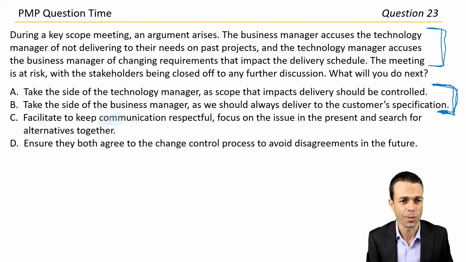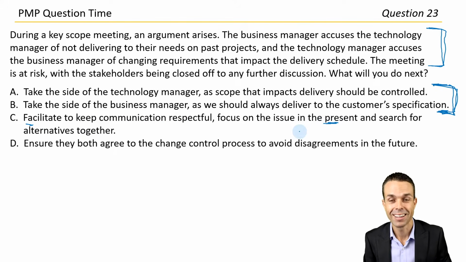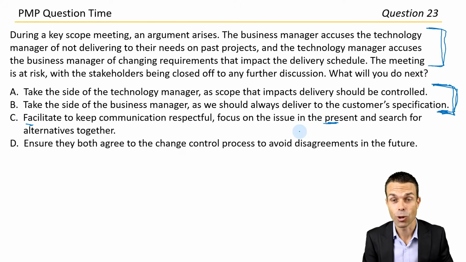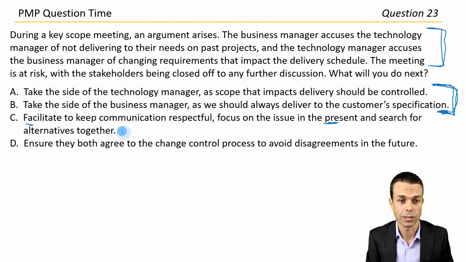So that's pretty important. Facilitate, that's a good word, to keep the communication respectful. Focus on the issue in the present. That's good, and search for alternatives together. I think that's a really good answer. Again, we're sort of looking at that facilitation. Again, more of an agile way of working here, facilitating instead of directing. That's really good.